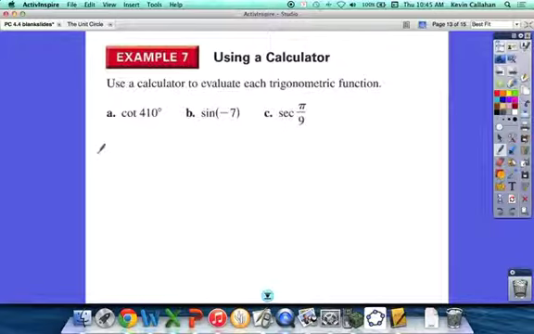Either you're going to do 1 divided by the tangent of 410 degrees, or you're going to do the tangent of 410 degrees, and then hit the x to the minus 1.